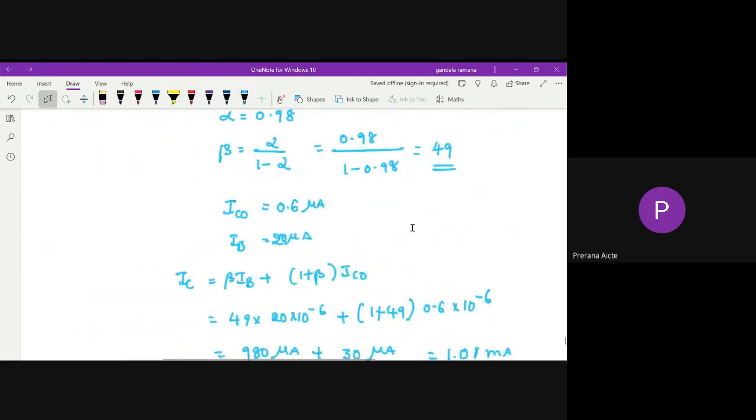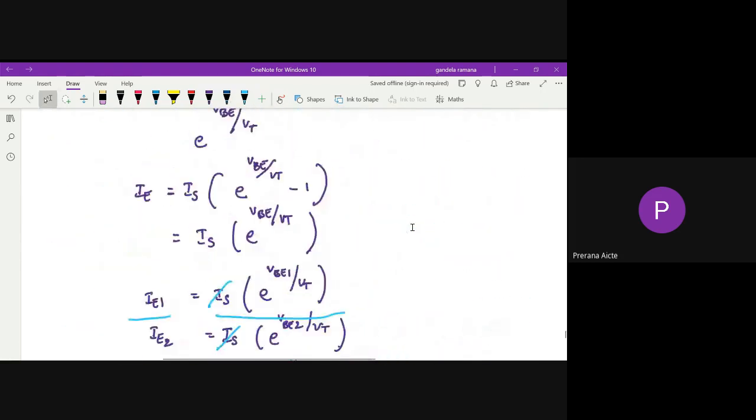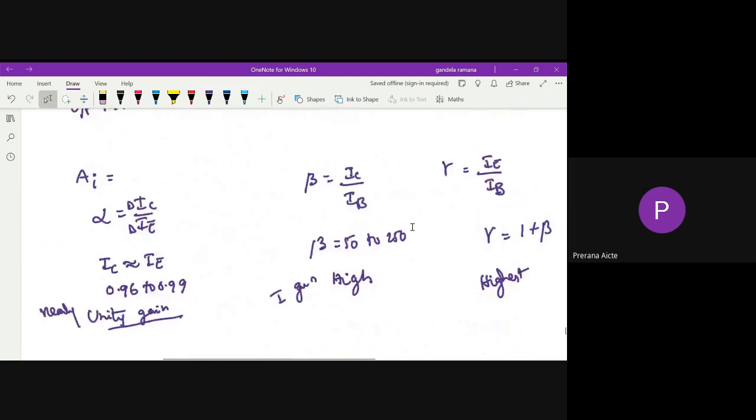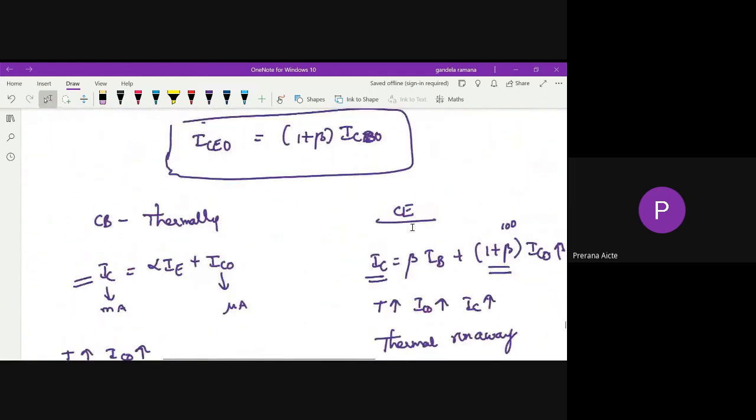So what is the relationship of ICB naught and ICE naught? Already we discussed this relation. ICE naught is equal to (1 plus beta) ICB naught.